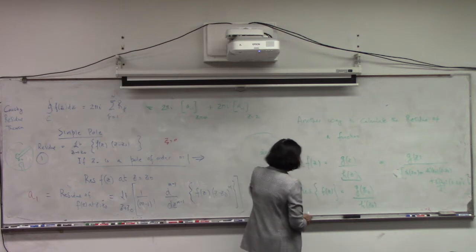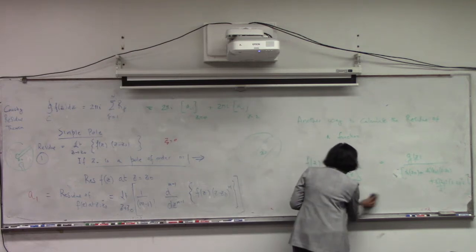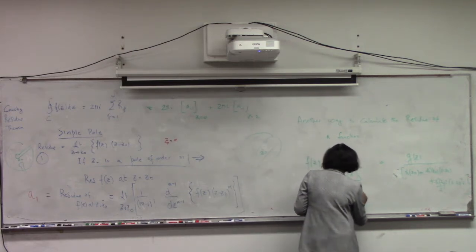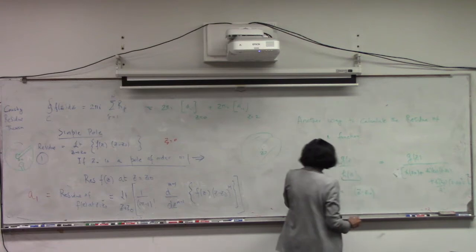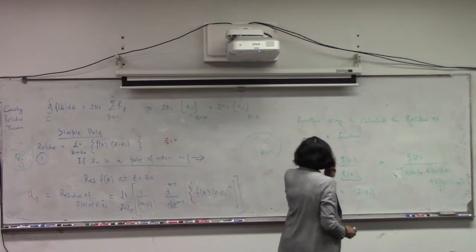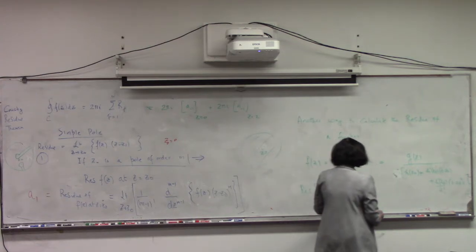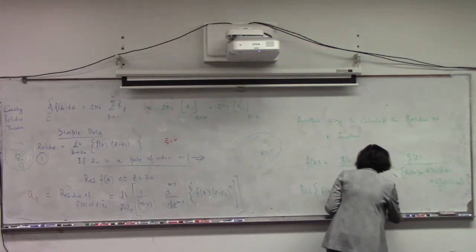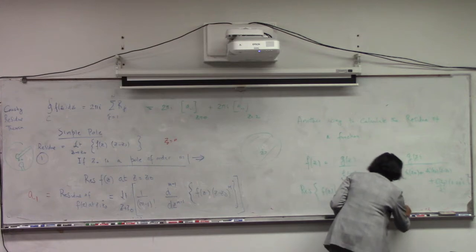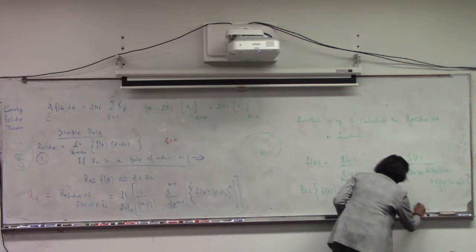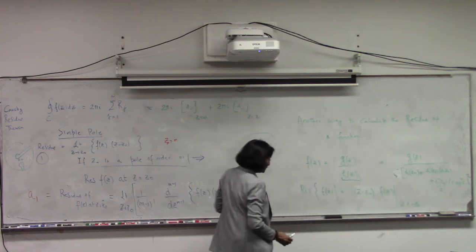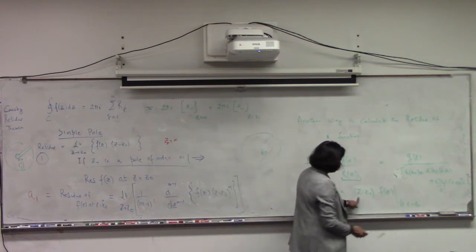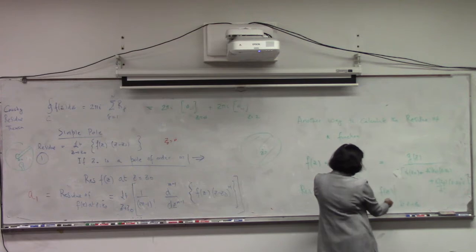And if you want to calculate the residue of the function at z equal to z naught, it's the limit as z goes to z naught of z minus z naught times f of z. So if I know f of z is that.